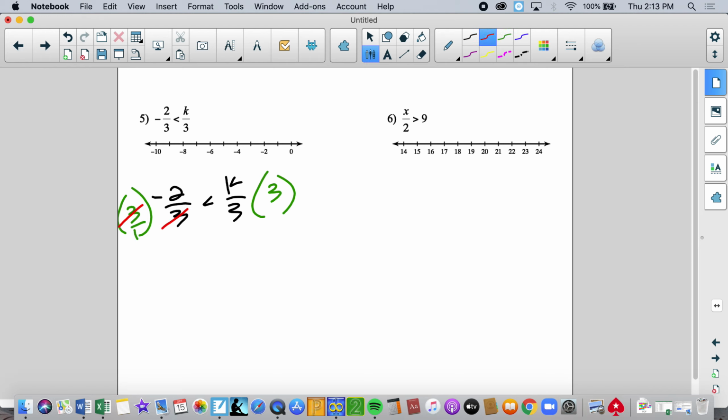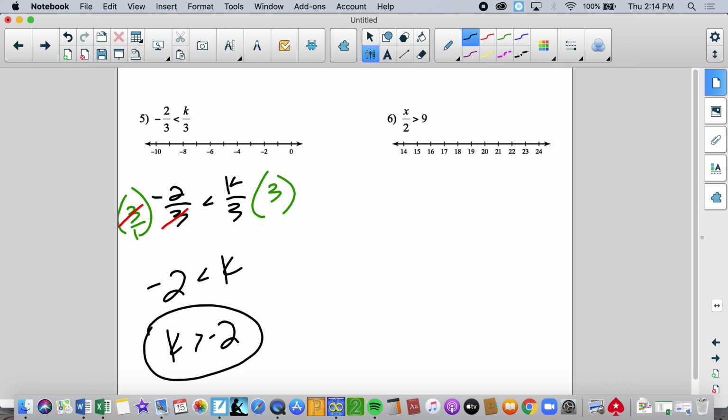The 3's cancel, and you're left with negative 2. Now, yes, there's a negative here, but we did not multiply both sides by a negative, so we do not flip the inequality sign. The inequality sign stays as a less than, and then when we rewrite it, it becomes k is greater than negative 2, open circle, going to the right.